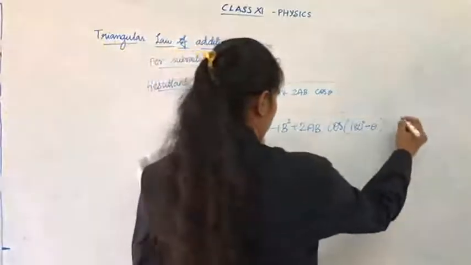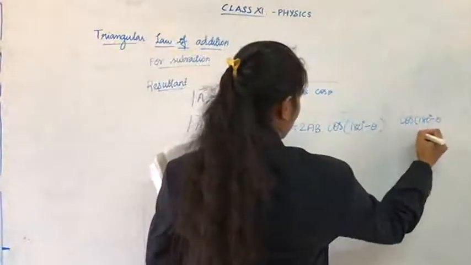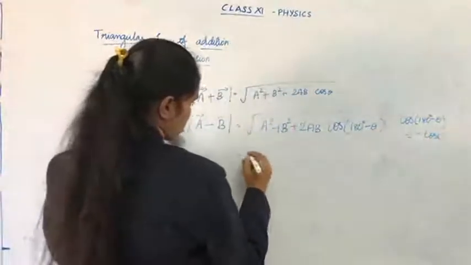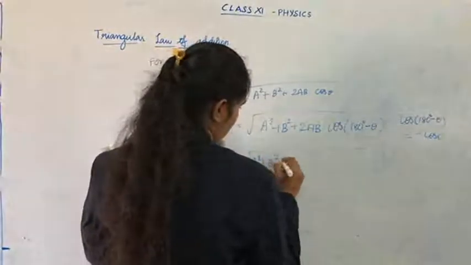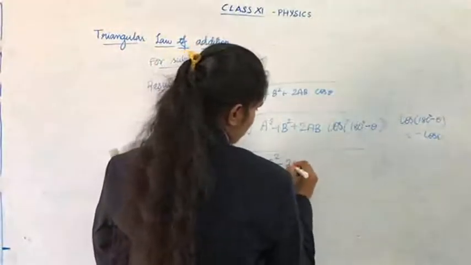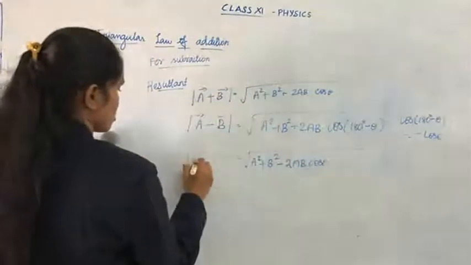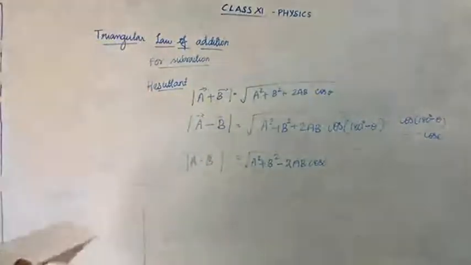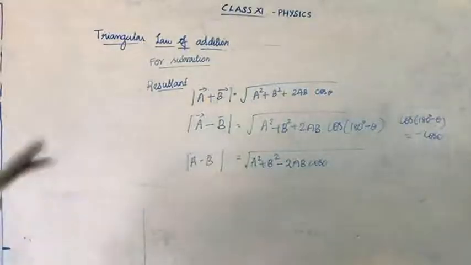Cos 180 minus theta is minus cos theta. So here it becomes A square plus B square minus 2AB cos theta. This is the magnitude formula. This is the formula for finding the magnitude.